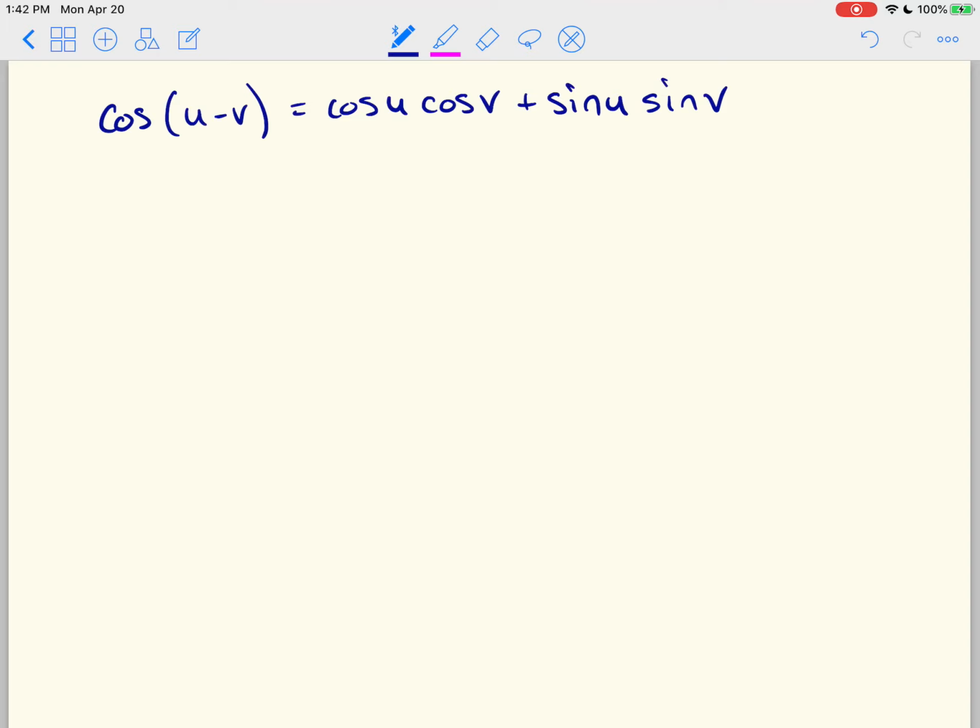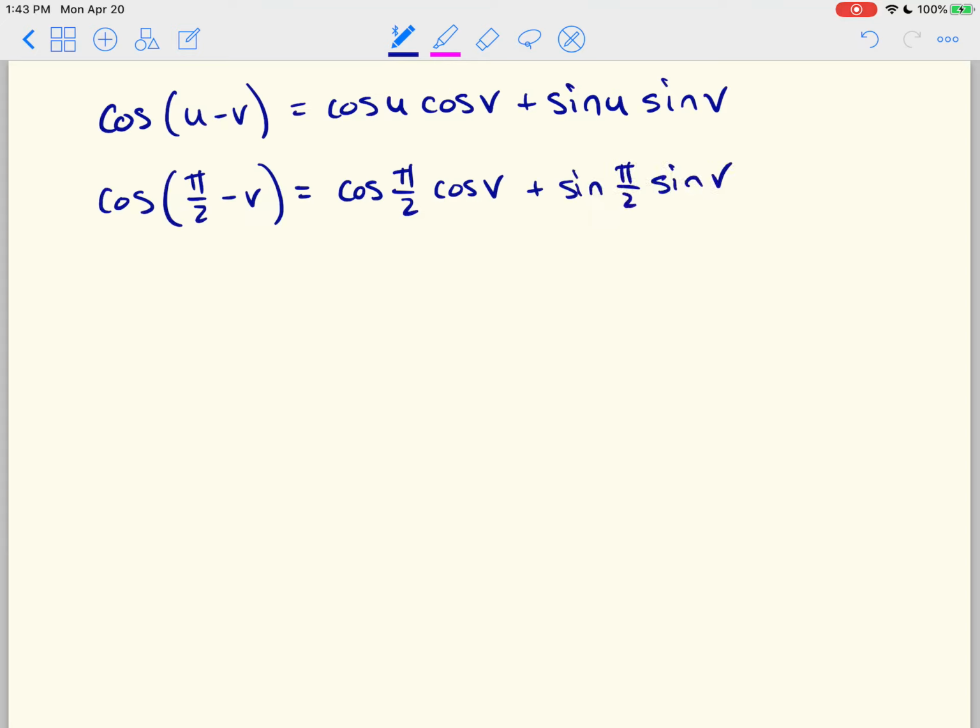So I'm going to substitute in pi over 2 for u in this formula. That gives me cosine of pi over 2 minus v is equal to cosine of pi over 2 cosine of v plus sine of pi over 2 sine of v.